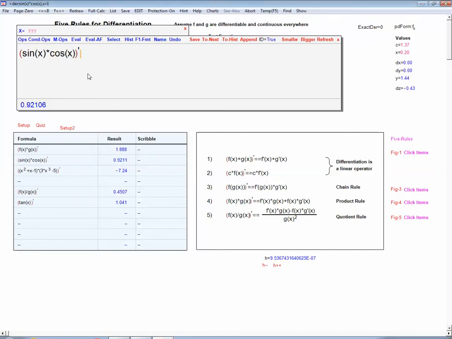So the way I do it is I just write them down first of all. So this is the sine of x times the cosine of x plus the sine of x times the cosine of x. Then you have to differentiate one of the terms in the product, and not the other.